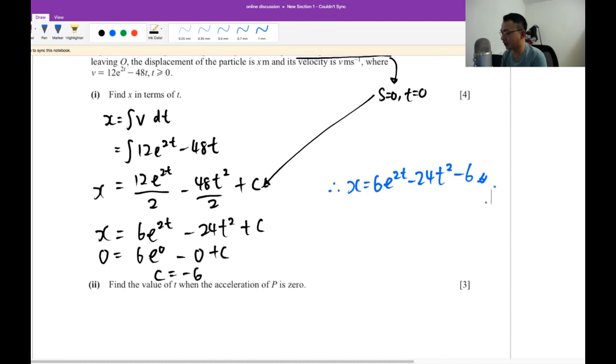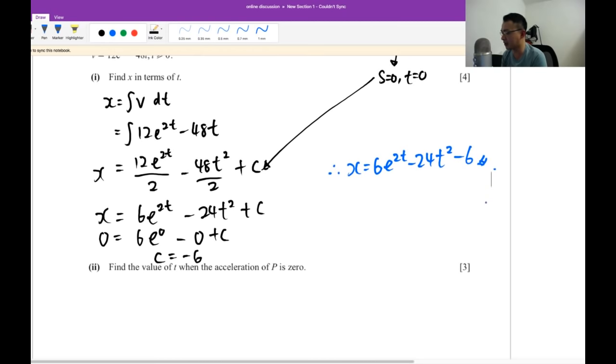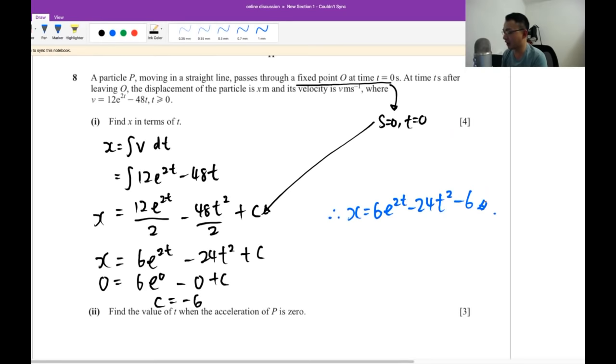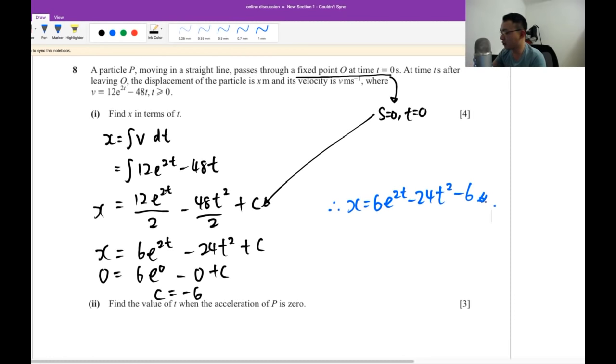Find the value of t when the acceleration of P is 0. So you need the equation of a. You should know a equals dv/dt. So I will differentiate v. Differentiating v here, we get 24e^2t minus 48. The question asks you to find t when a equals 0, right? I'm going to make it 0. Then I get 48 equals 24e^2t.